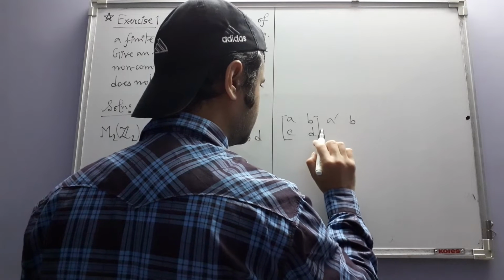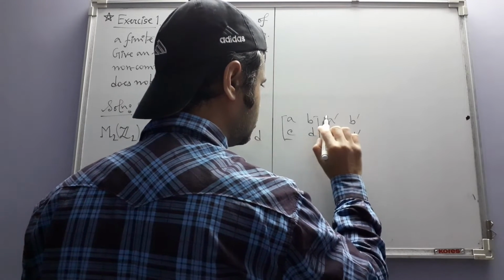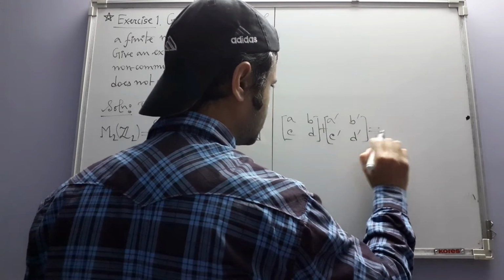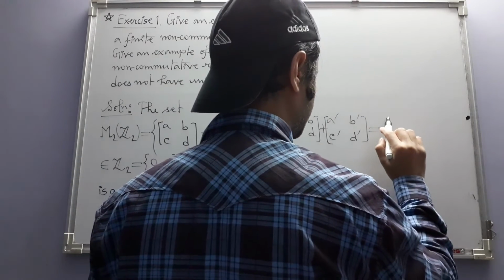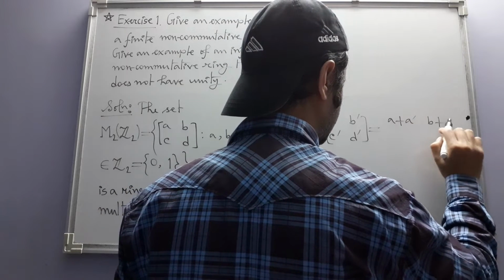When we add two 2 by 2 matrices, then the sum looks like this.